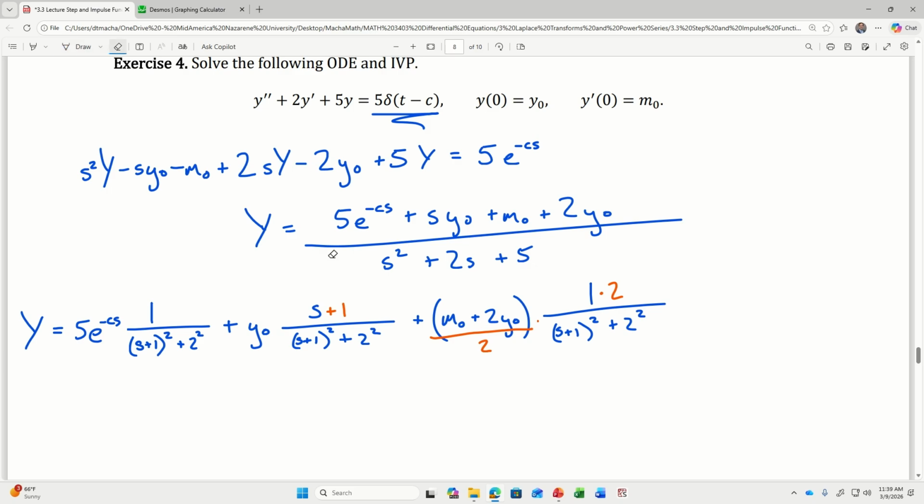And I think I should do that first before I do the 2 stuff, just so that I don't get too confused over here. Because if I subtract one of these y0s times 1 over all this stuff, that's going to balance out the plus 1 I'm doing right there. Let me rewrite it.